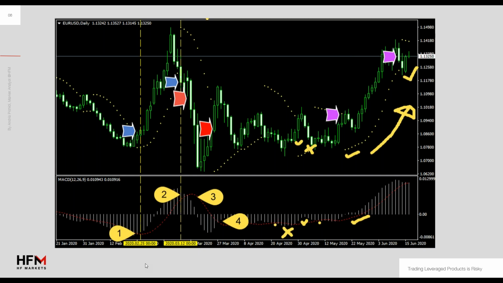Are they in agreement, in alignment or not? MACD with Parabolic SAR. The signal that we got from the MACD and the signal that we got from the Parabolic SAR. Here, don't ignore the rest. Here in point number 1. No one? Come on.